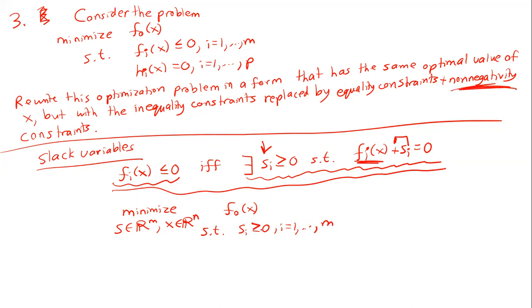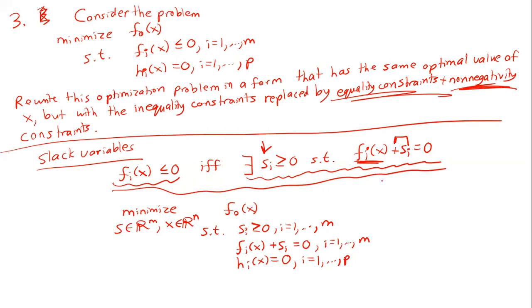And then we have fi of x plus si is equal to 0 for i equals 1 to m. This is replacing my inequality with an equality constraint. So I replaced my inequality constraints with two that are non-negativity and equality. So I did what the problem statement said. And it also says hi of x equals 0 for i equals 1 to p.